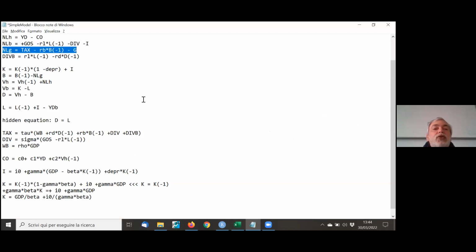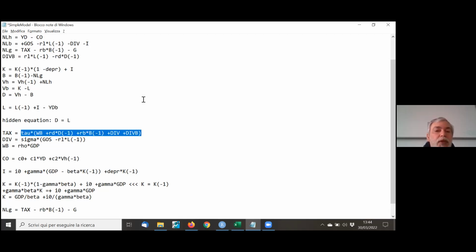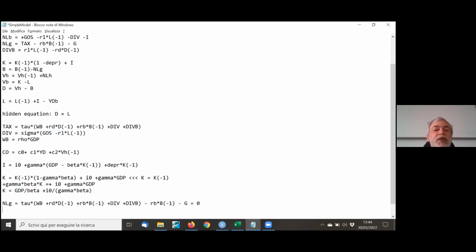And for net lending of the government to be zero, we want this to go to zero. Now, tax is equal to what we call tau multiplied by this long term. So this should be zero in the steady state.